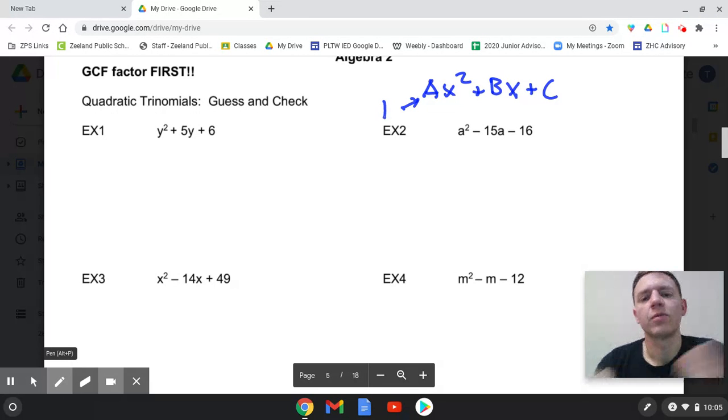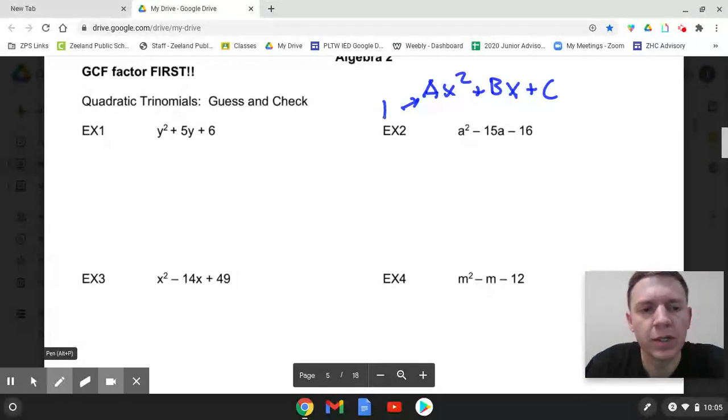They're all 1. So when you see that, there's actually a quick little guess and check for factoring.